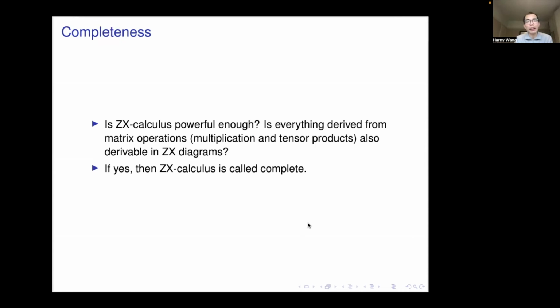But if I represent matrices as diagrams, can I do the same thing without using matrix calculation, just using the diagram calculation? If you can, that means the reasoning power of this graphical calculus is strong enough, and we call it complete.